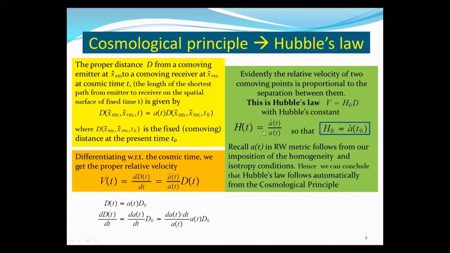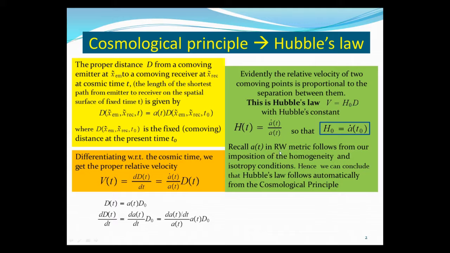Hubble constant means it's independent of separation and velocity, but it is still a function of cosmic time. In particular, when we take t equal to t naught, a of t naught is 1, so H naught, the Hubble constant at the present era, is equal to a dot at the present era.